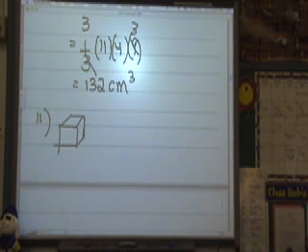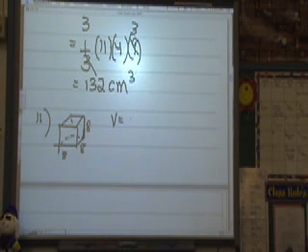And what are the sides of a cube each equal to? 8. Now there's a shortcut for this, but we're gonna work it out using this formula. So what formula do I use? Capital BH or 1/3 BH? Just the capital BH, right, because it doesn't come to a point.